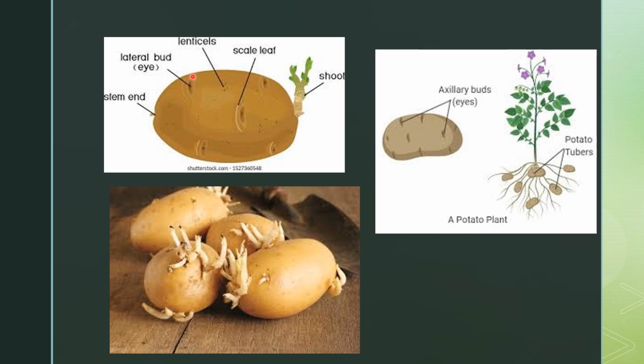So you can see the lenticels and eyes, and also scale leaves on the potato, and the stem end. Okay, so these lateral buds on the eyes can give a shoot for a new plant.